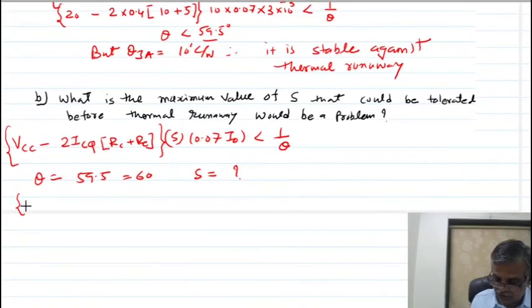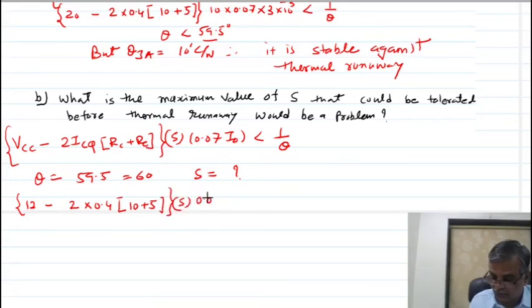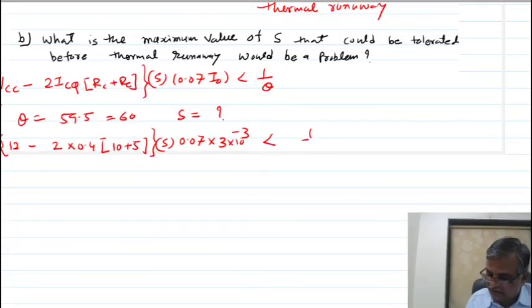I am keeping this as 20 minus 2 into 0.4. This is your 10 plus 5. This is S, I have to find. This is 0.07. This is your 3 milliampere. This should be less than 1 upon 59.5. If you calculate this value, S you will get 6.6.